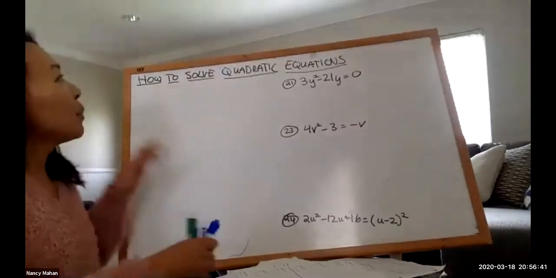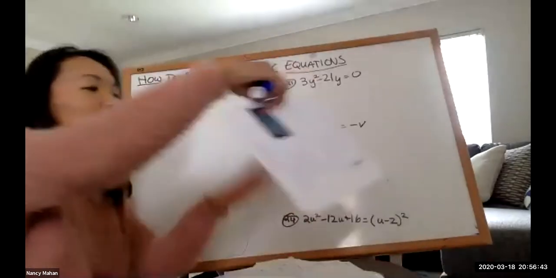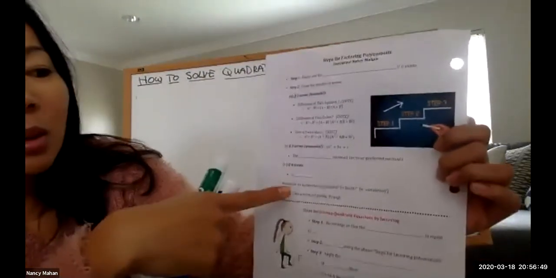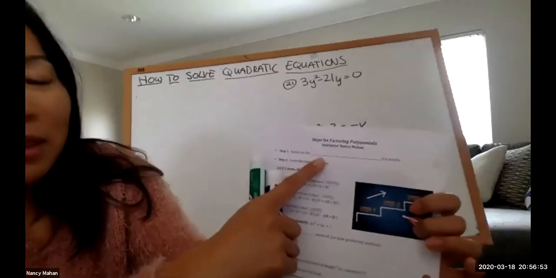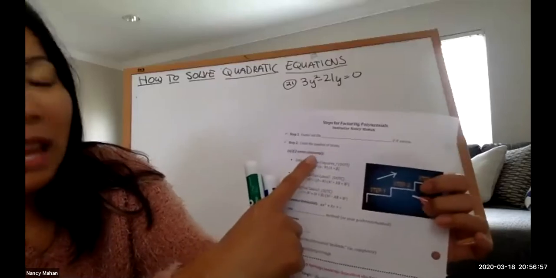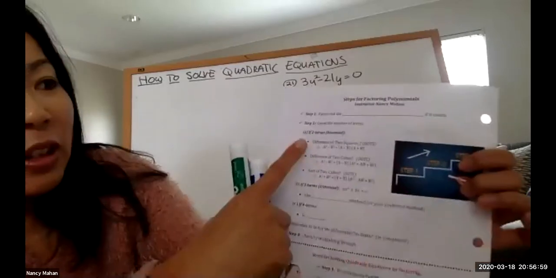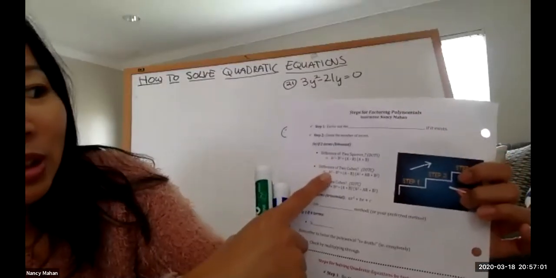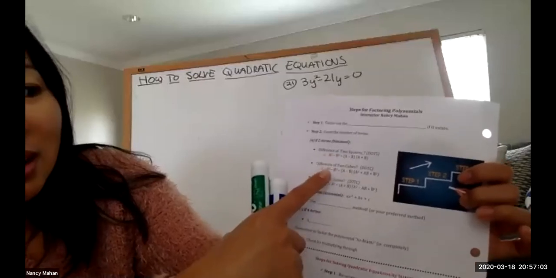So, how do you solve quadratics? If you look at the back of the sheet right here, everything that I wrote here is basically the words for this one, right? Where it says factor out the GCF if it exists. Step 2 is count the number of terms. If it's a binomial, these are what you do: difference of squares, sum and difference of cubes.